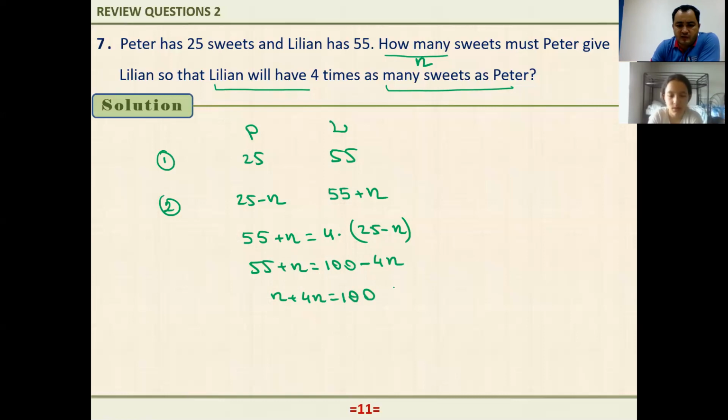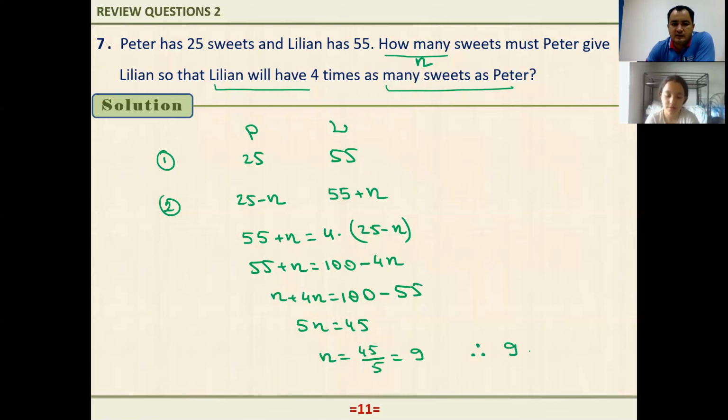Take 55 to the right-hand side, minus 55. n plus 4n, 5n. 100 minus 55, 45, I think. 45. Then what is n? 9. 45 over 5, that's equal to 9. So the answer, it is 9 sweets. I got it. I get it now.